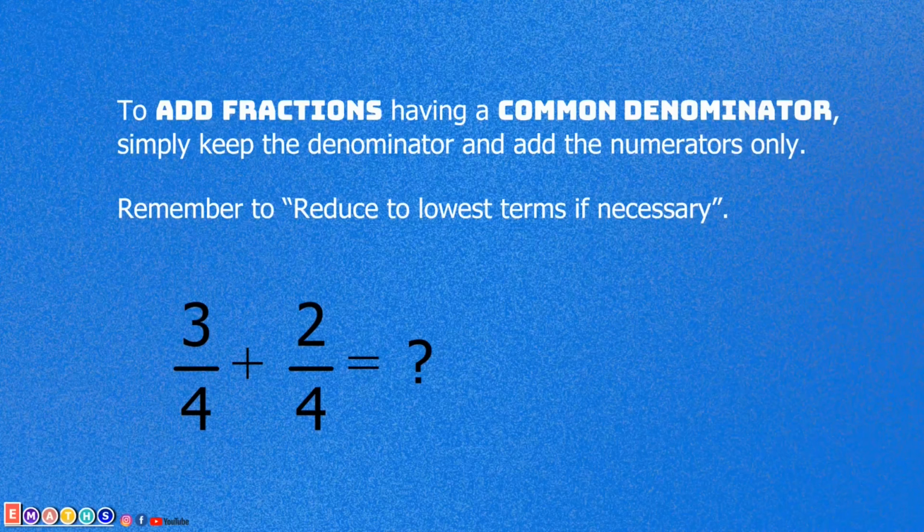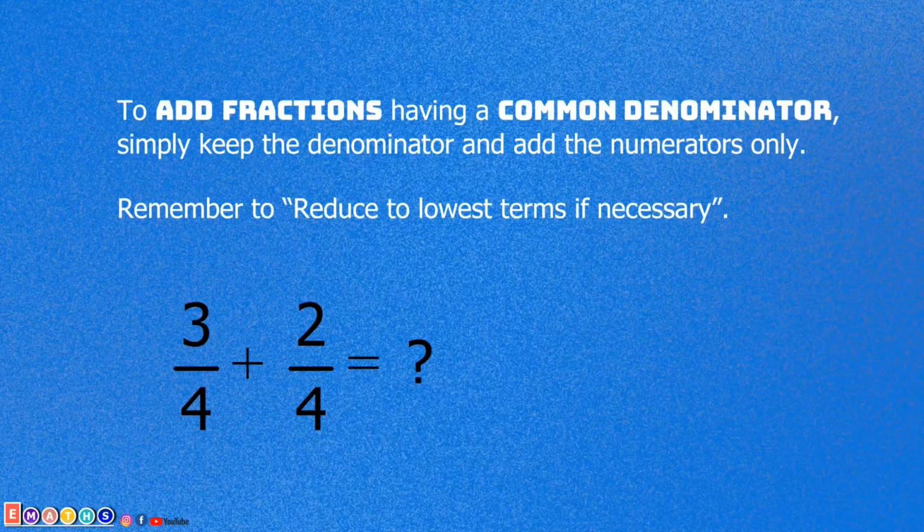To add fractions having a common denominator, simply keep the denominator and add the numerators only. Remember to reduce to lowest terms if necessary. Here we have two fractions, 3/4 plus 2/4.